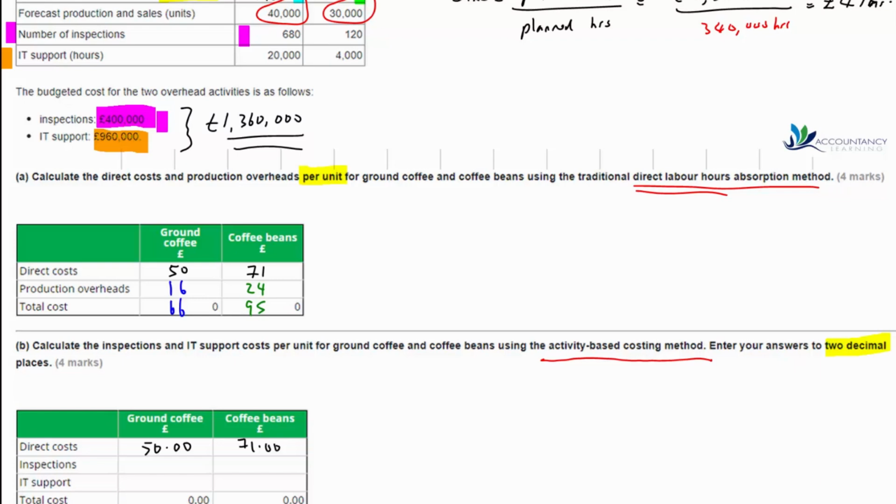And similarly for IT, we need to be able to spread the 960,000 cost between the various hours of IT support. So let's look at our inspections to begin with.